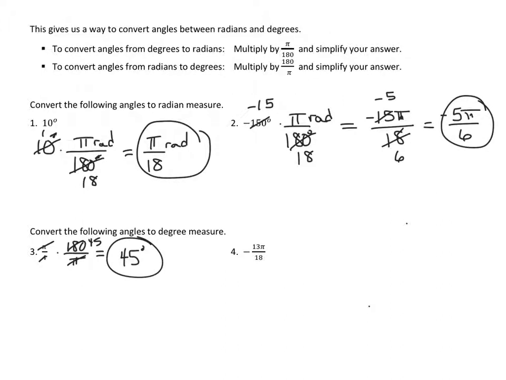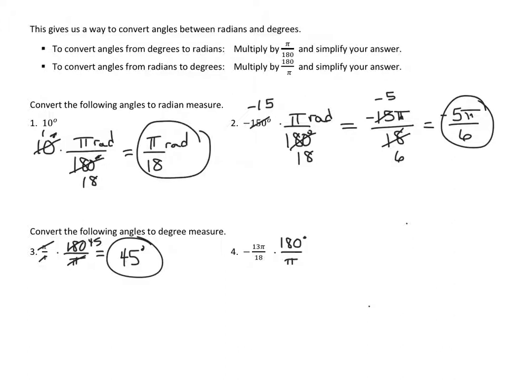Okay, let's look at number 4. We have negative 13 pi over 18, and we want to convert. So once again, we're trying to get rid of the pi, and that helps us know which one to multiply by. We want to put pi in the denominator because our goal is for those two pi's to cross out, and 180 in the numerator. Remember, whichever unit you're trying to convert to is what you put in the numerator.